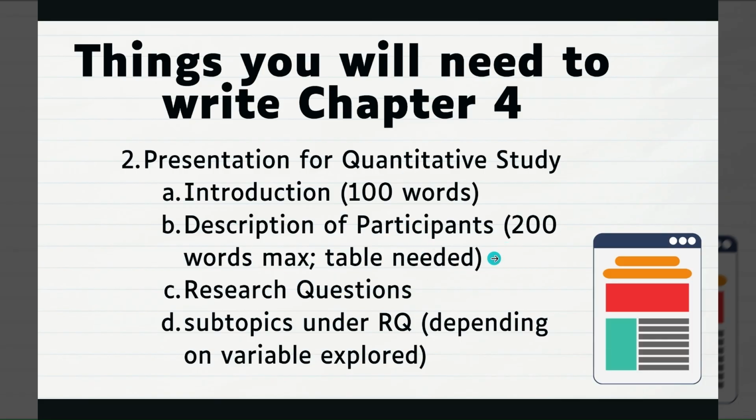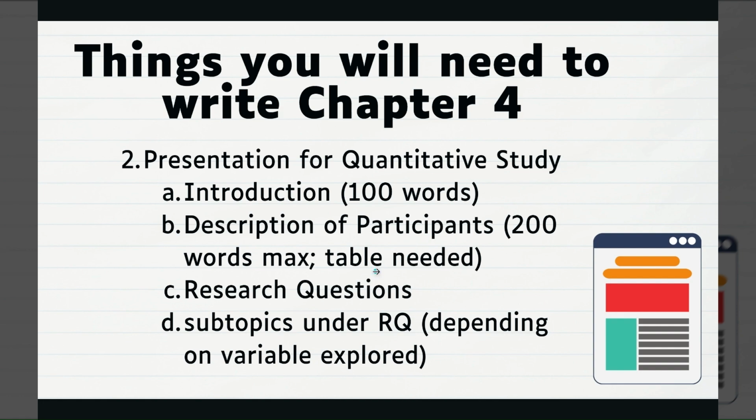There would also be a need for a description of participants, especially if this is a survey. So you need to provide a demographic profile. Perhaps a table is needed for you to summarize who the respondents are. But generally, your description of this particular section should not go beyond 200 words.